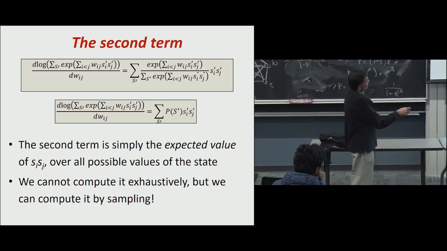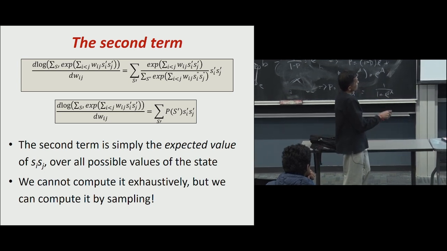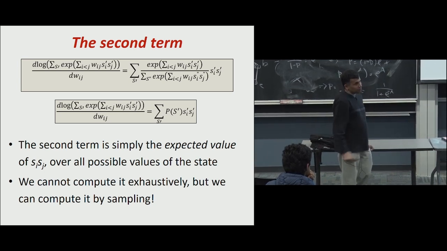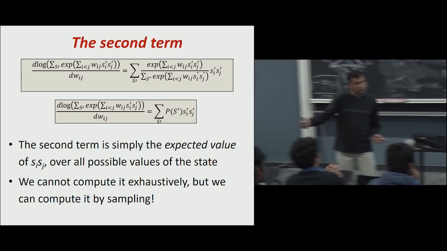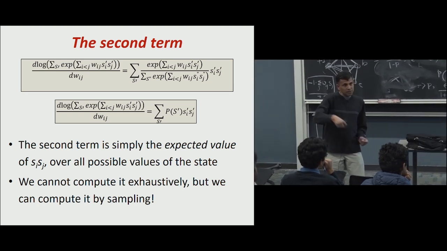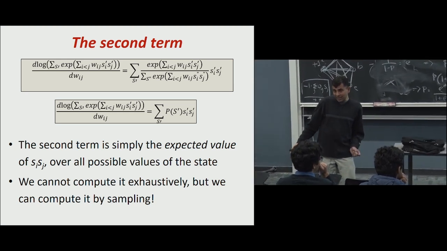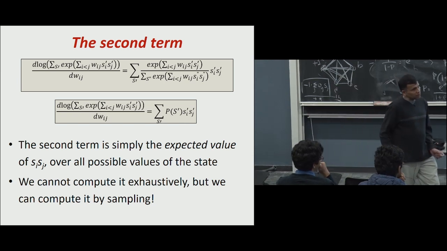This guy is simply the probability of the state. So in other words, this derivative simply ends up being the expected value of the products of the two states, where the expectation is taken over the entire state space using the Boltzmann probability for the state.